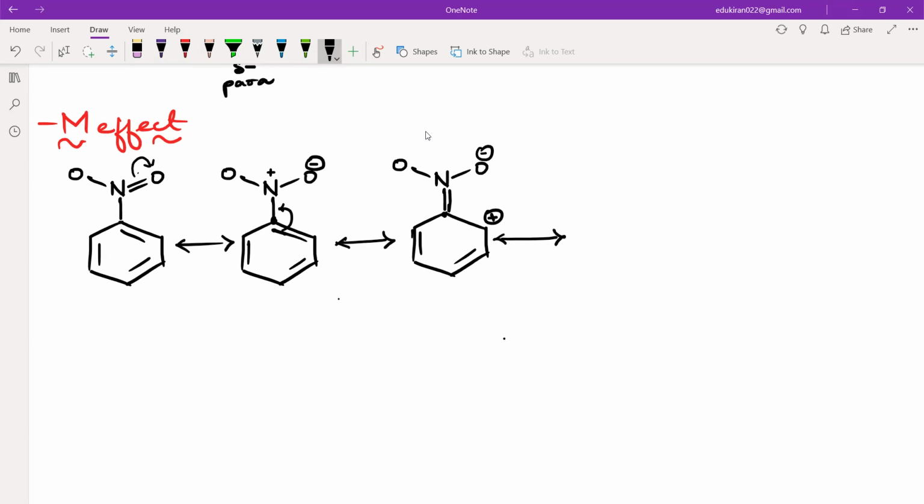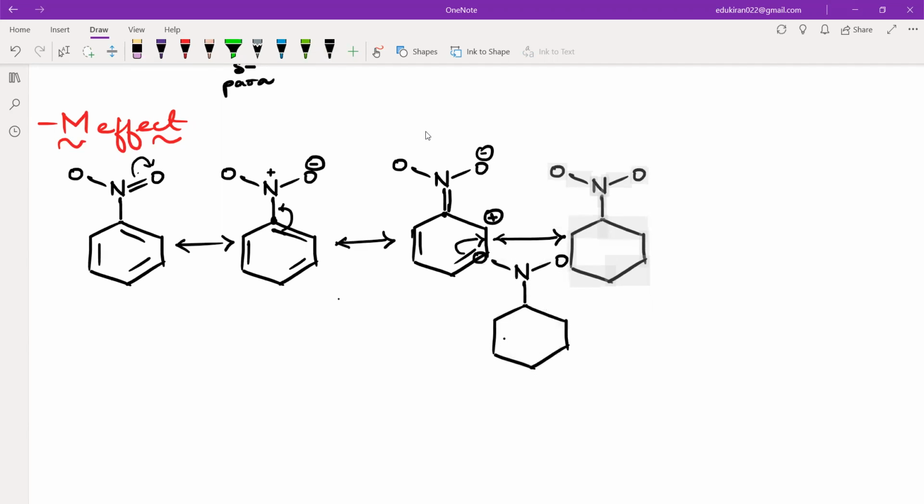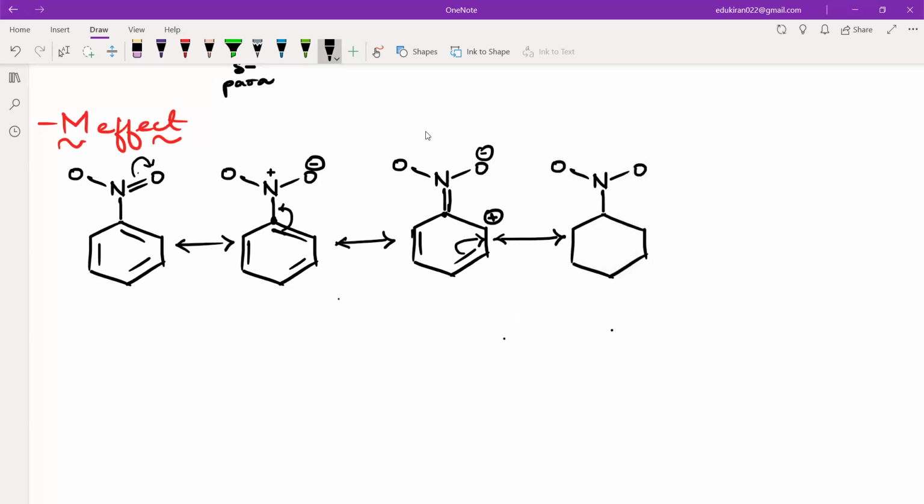Furthermore, you can see that we can form a bond like this. We can write another resonating structure in which we have a double bond here, a negative charge here, and then there is a double bond here, a double bond here, and there is a positive charge at the para position. We can write one more resonating structure in which these bonds move.